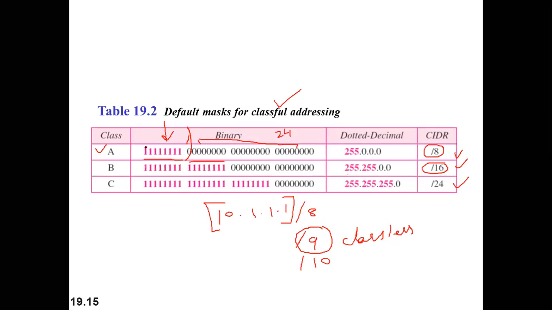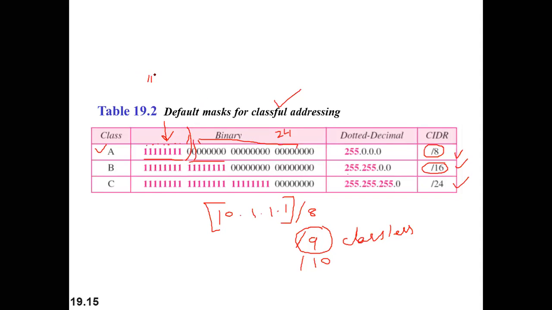So now how many bits? 1, 2, 3, 4, 5, 6, 7, 8, and in the next octet the first bit is also consumed for the network address, so that's why it is /9. How about /10? /10 means the next bit is also used for the network address.